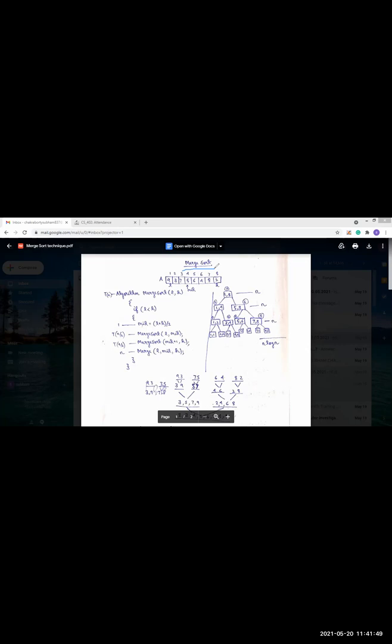When the sorting starts, low will point to the first element of the array, and high will point to the last element of the array.